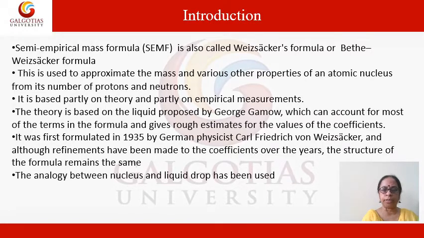The analogy between nucleus and liquid drop has been used to set up this semi-empirical formula for mass or binding energy of a nucleus in its ground state. The formula has been obtained by considering different factors of the nucleus binding. The mass of the nucleus can be expressed in terms of the total binding energy B.